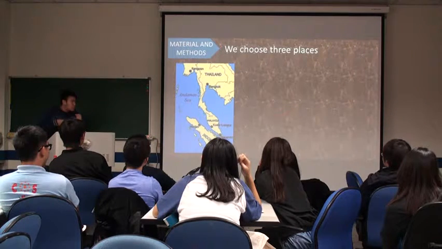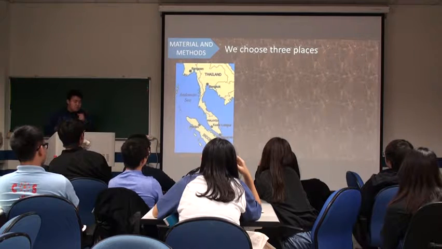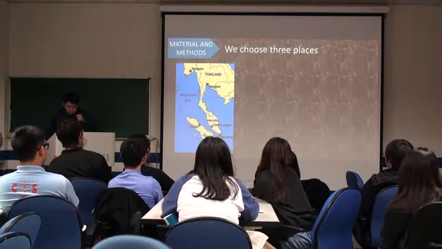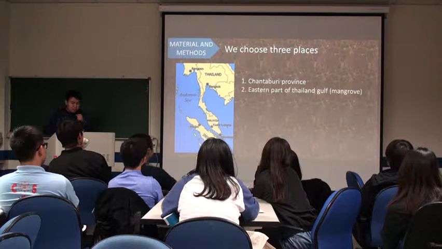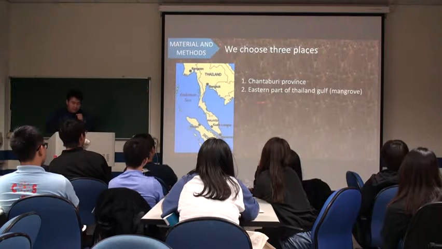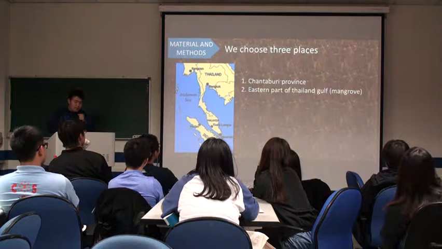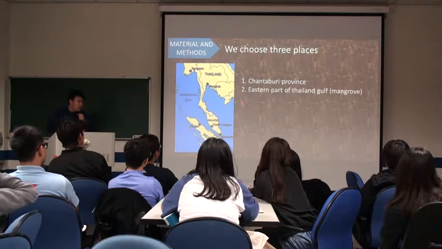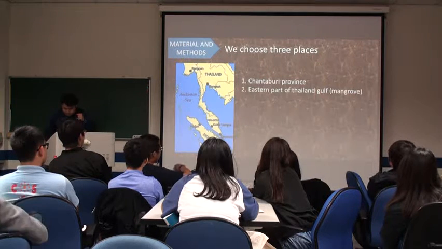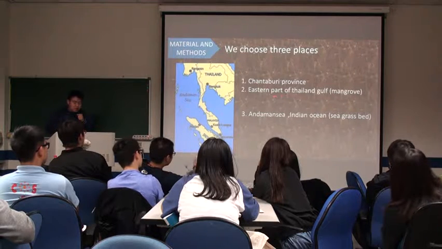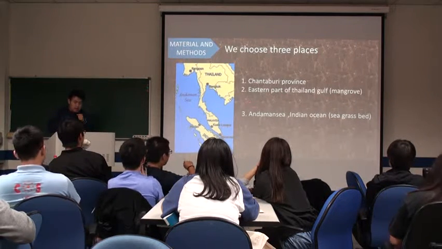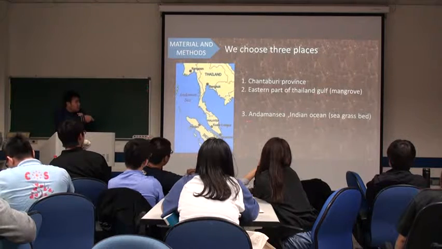In order to get the material, we chose these 3 places. China and the eastern part of Thailand: in both of these we chose mangrove areas. And in the Indian Ocean, we chose a seagrass bed.